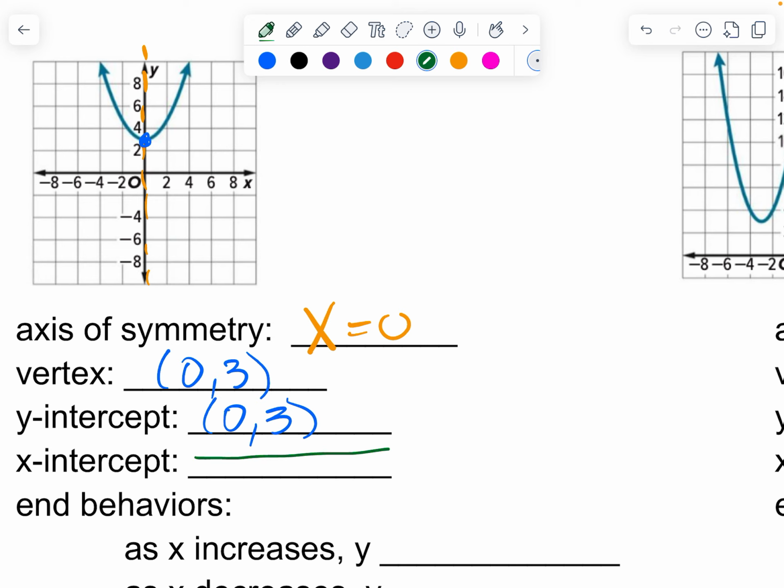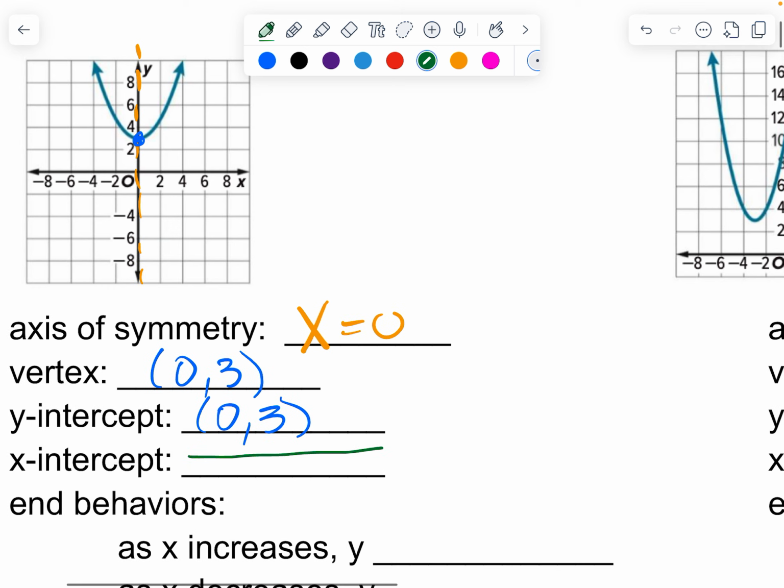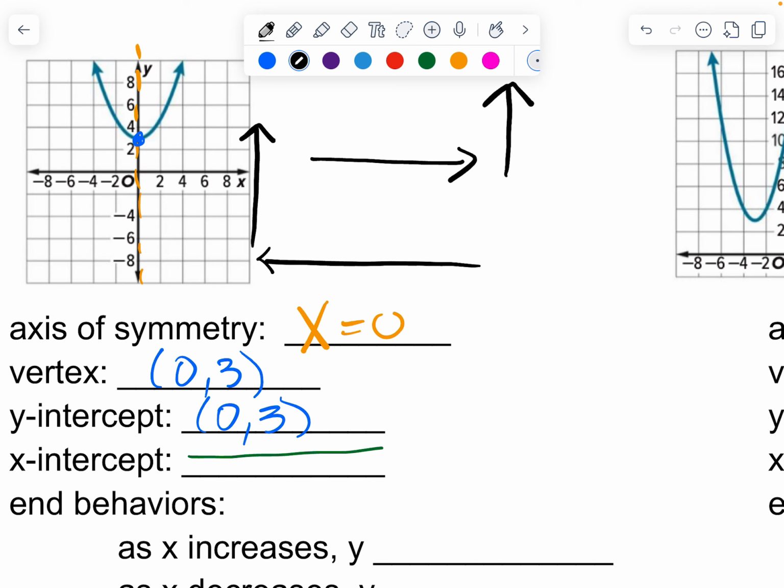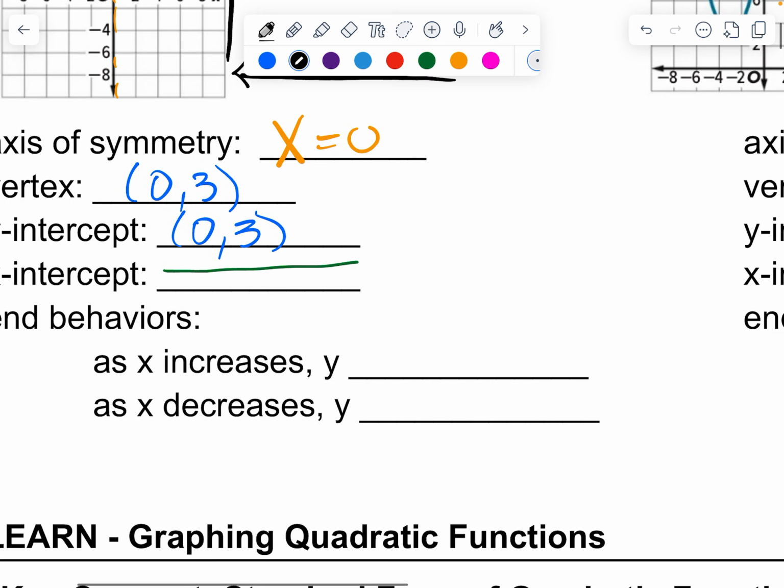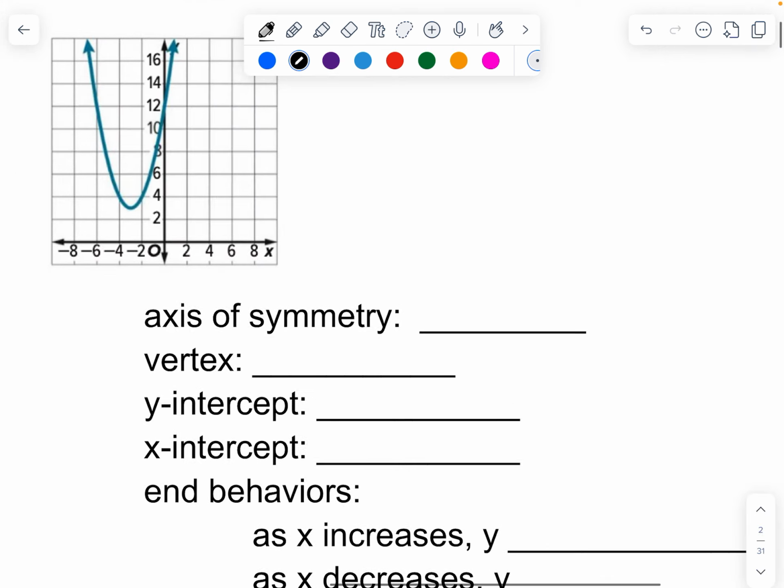So there are no zeros. As x is getting bigger, y is getting higher. As x is getting smaller, y is getting bigger. So these are both increases. Notice how these are the exact same.